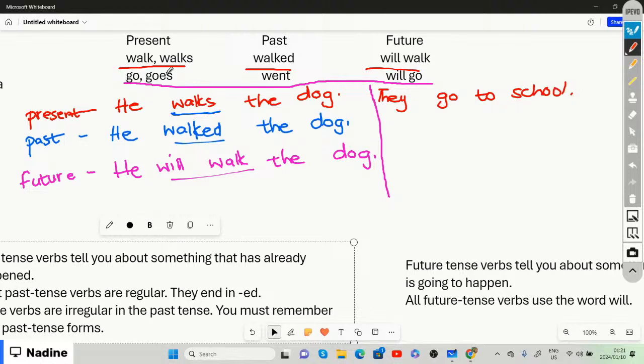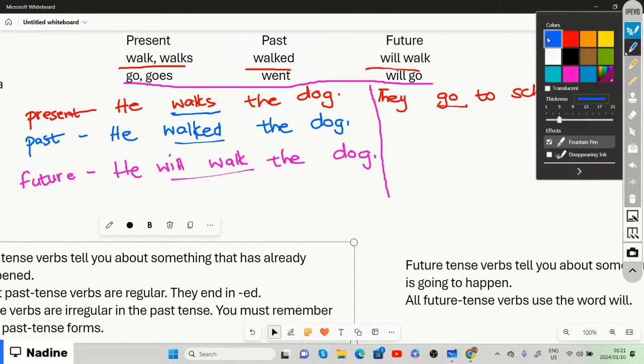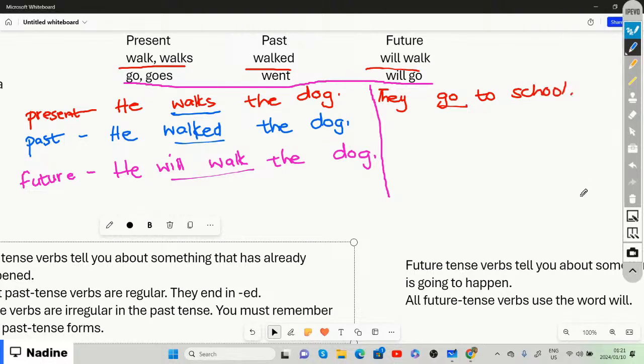So there's our verb, go to school. That is now. It shows the present tense. It's something that is happening now. Now we're going to see how the word also changes.